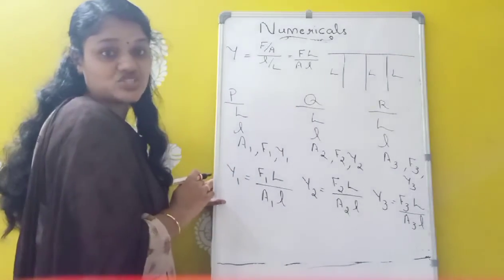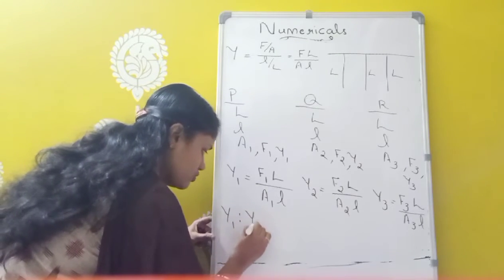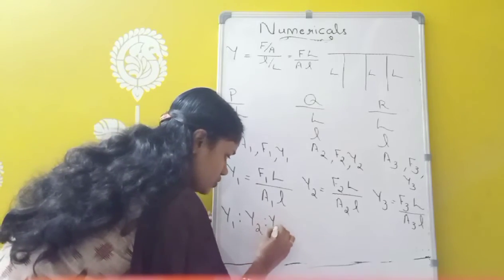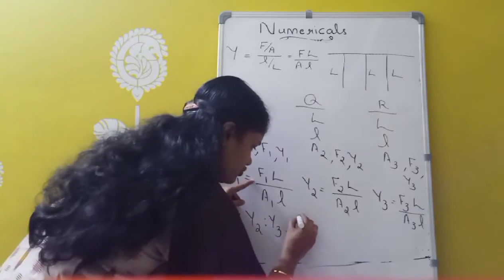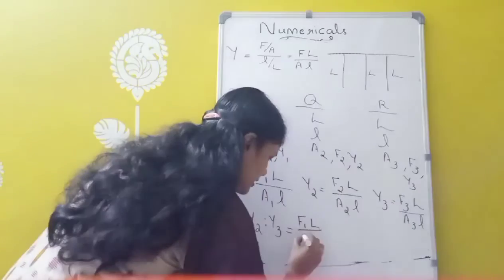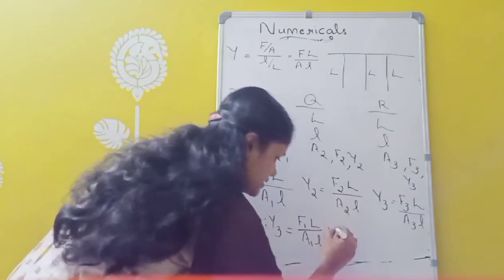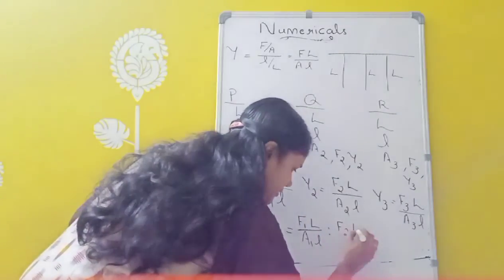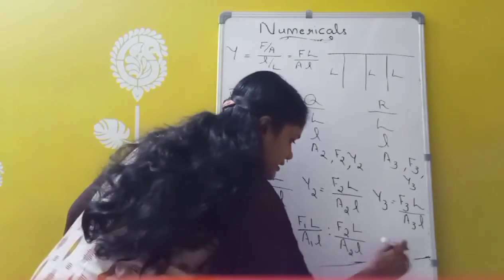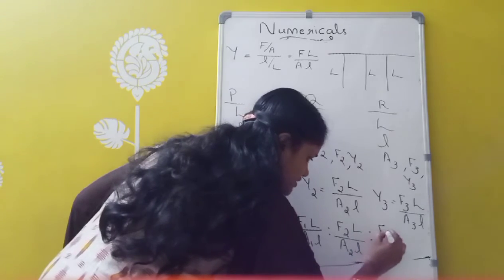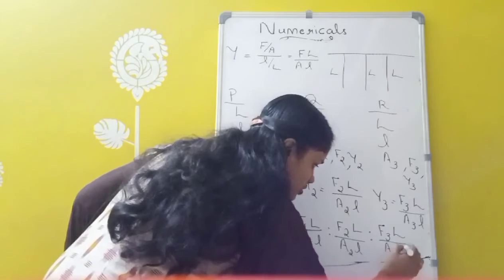Now we have to find the ratio of Young's modulus. That is Y1 is to Y2 is to Y3, equivalent to F1 L by A1 l, is to F2 into capital L divided by A2 into small l, is to F3 into capital L divided by A3 into small l.